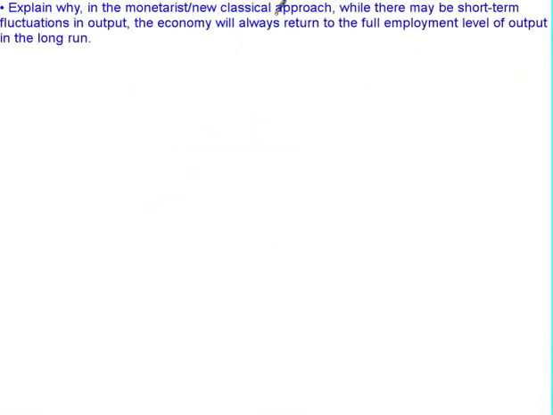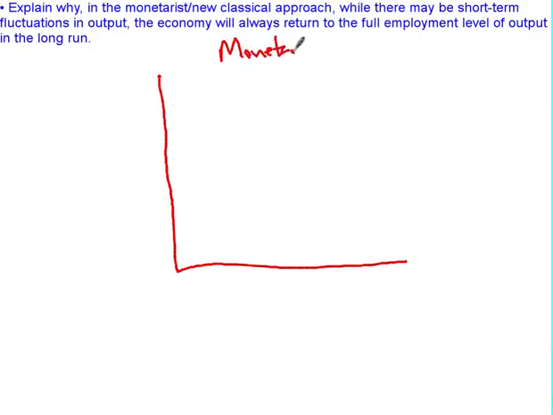Explain why in the non-monetarist classical approach, while there may be short-term fluctuation in output, the economy will always return to the full employment level of output in the long run. All right, so this is monetarist slash new classical. Sorry about the handwriting. All right, so there's the price level, and there's the quantity.